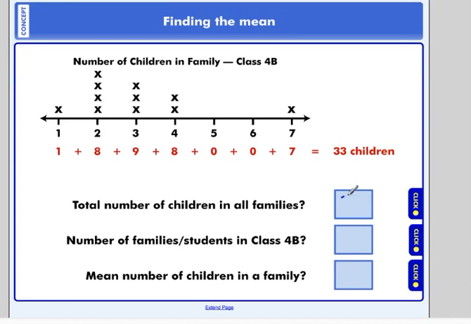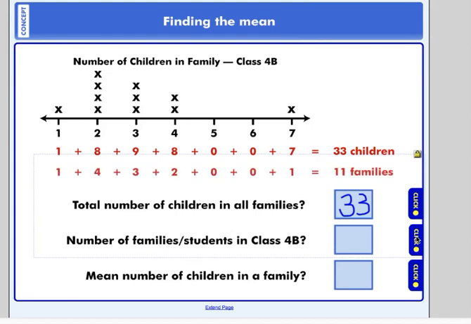So step 1, add up all your numbers, we get 33. Step 2 is to divide by the number of numbers on the list. Now, basically, we can count how many responses we had.